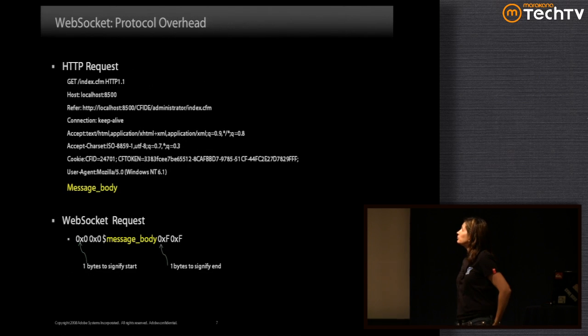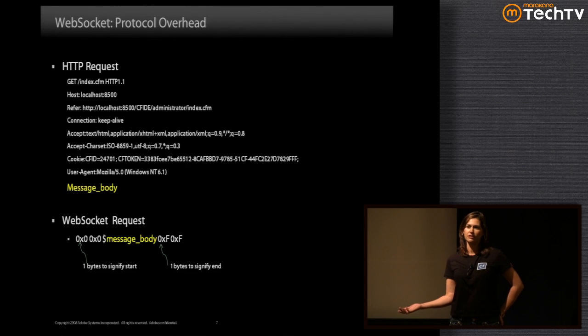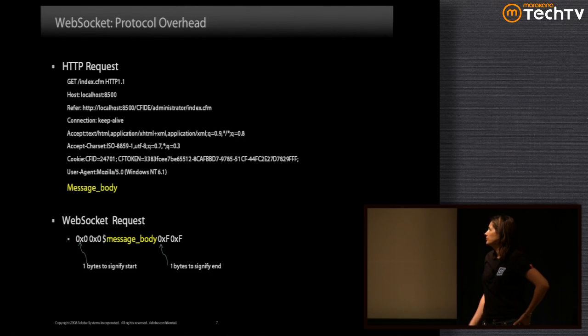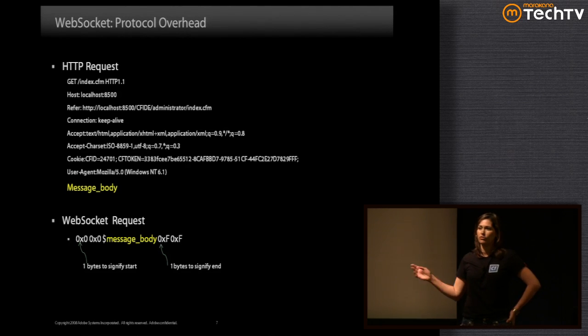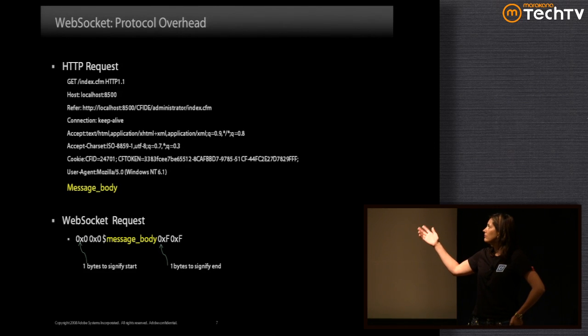This will show you the difference between a general HTTP request header and a standard WebSocket request. If you see the difference, it's pretty large. The WebSocket request has 1 byte to start and 1 byte to end with the message body in the middle. But with HTTP requests, you have all of the header information.